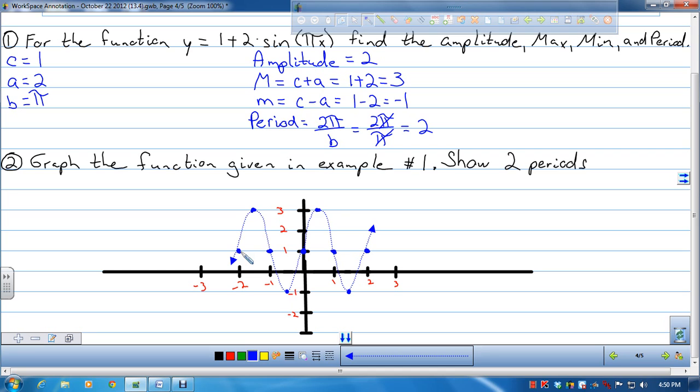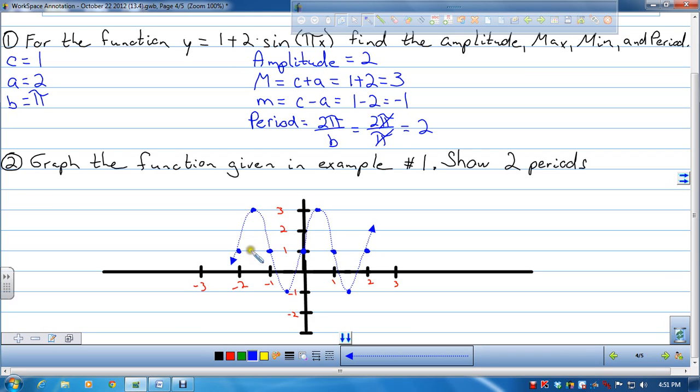It would make sense that if the period was equal to 2, to draw two periods should span 4 units, right? And to go from -2 to 2 is in fact 4 units. Okay, so that is the graph of y equals 1 plus 2 sine pi x.